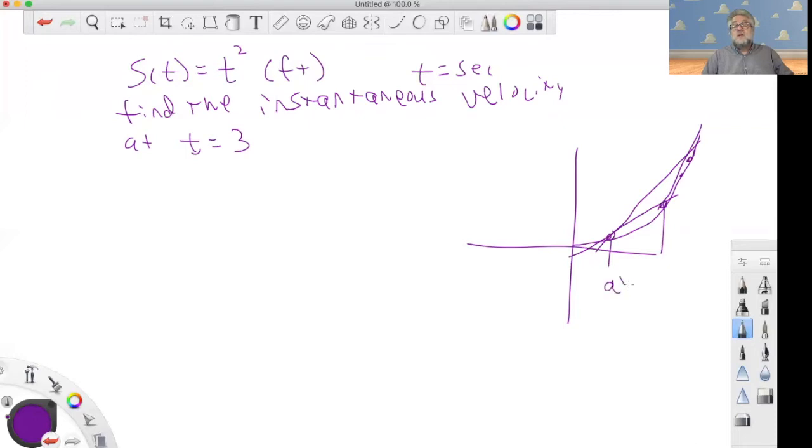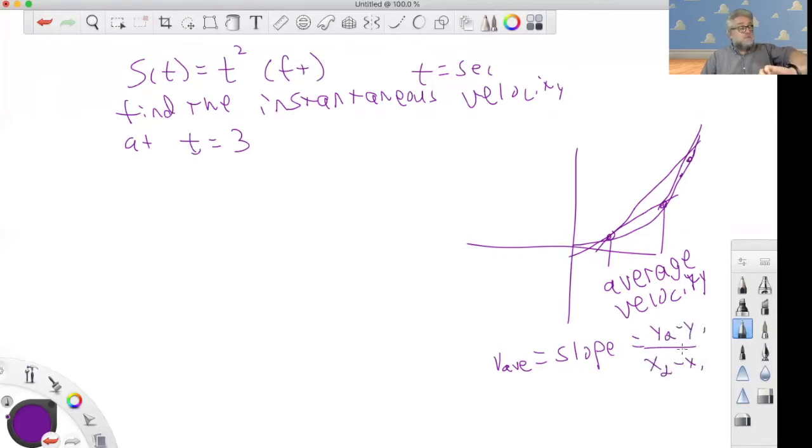We were finding the average velocity. And the way you find the average velocity is the slope between 2 points, y2 minus y1 over x2 minus x1.